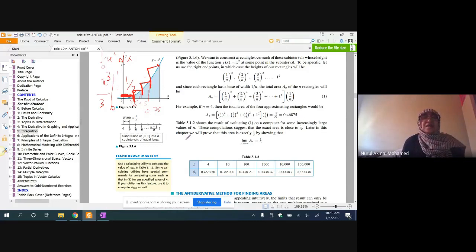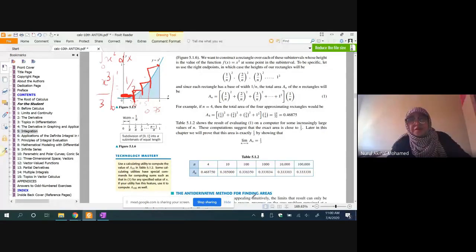So that is the approximation of the area if we use 4 sub-intervals. This approximation is not so good because for the exact value, we know that the approximation must be close to 0.333 or 1/3 in order to say that it is acceptable. So if we use 4 sub-intervals, it's still not so close to the exact solution.